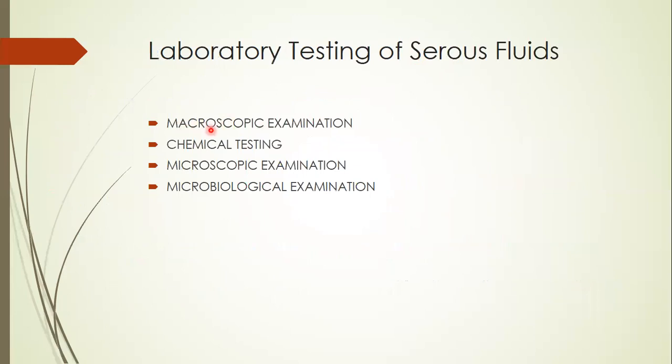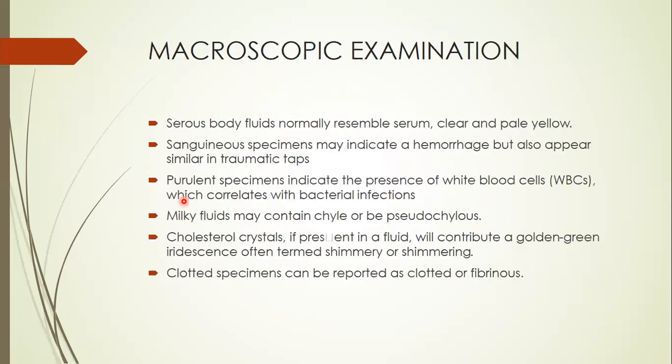We have macroscopic examination, more or less just like urine, no? But we have specialized tests that are only done using serous fluid. So macroscopic examination, chemical testing, microscopic examination, and microbiological examination. We'll discuss this one by one. So let's start with macroscopic examination. So normally your serous fluids resemble the serum.